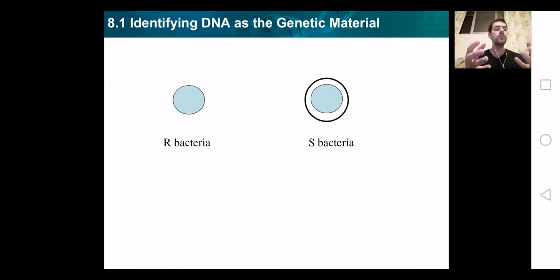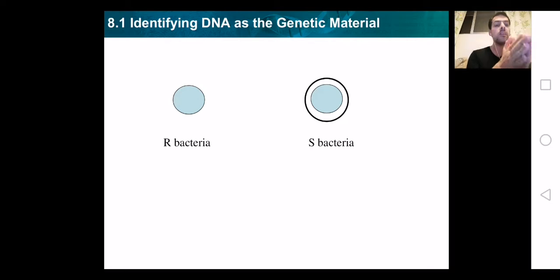Now, what is the benefit of this cover for the bacteria? This cover helps bacteria to protect itself against the immune system of the host. Let's say this bacteria attacks a mouse, okay? Now, if our R bacteria attacked a mouse, the mouse immune system will kill this bacteria, because our bacteria does not have a shell, something to protect it.